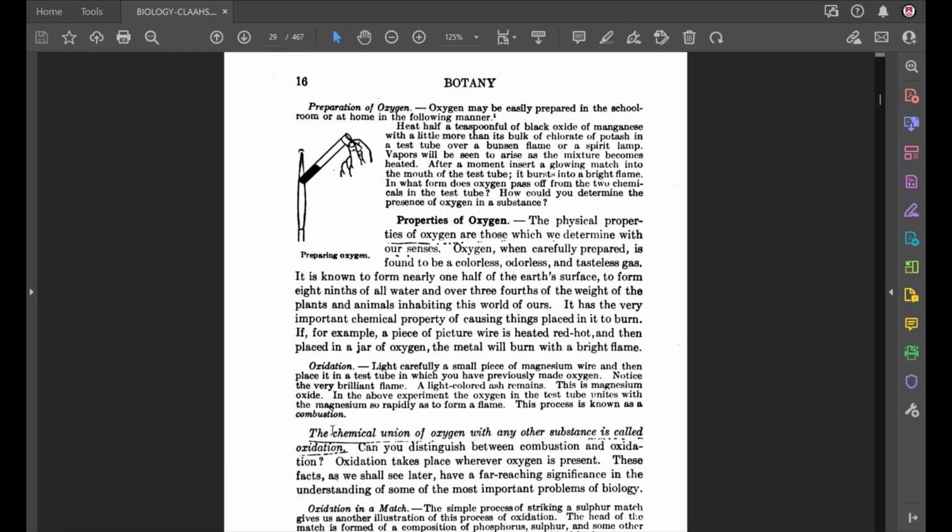So we've learned that oxygen is crucial to fire, right? To things burning. If you've seen fire, you've been in the presence of oxygen. Oxidation is another way that we can see that oxygen is present. So let's learn what oxidation is.